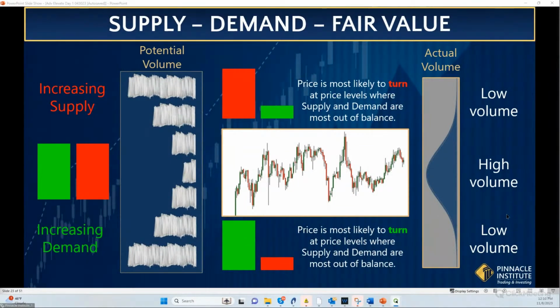Bitcoin too. This could be a chart of Bitcoin. We chart Bitcoin at the Pinnacle Institute just like anything else. It's the same thing. Behind the scenes, it's people making buy and sell decisions, and it's pure supply and demand that really regulates price.